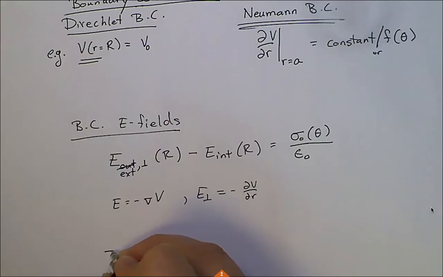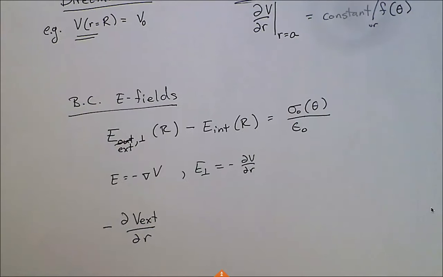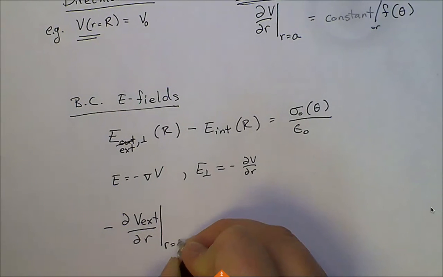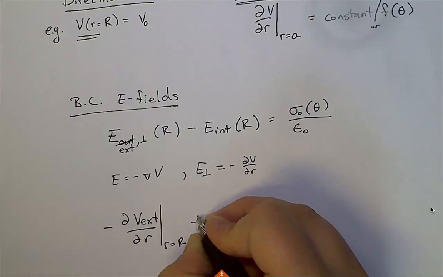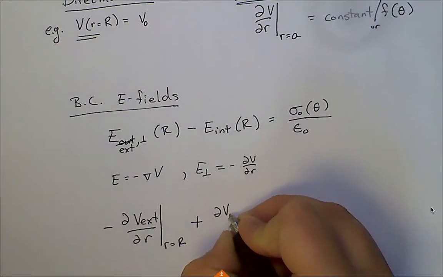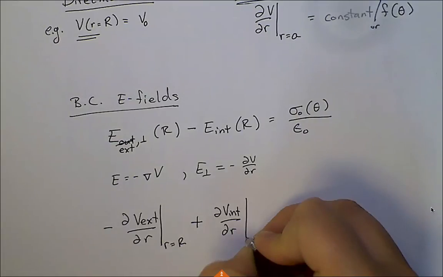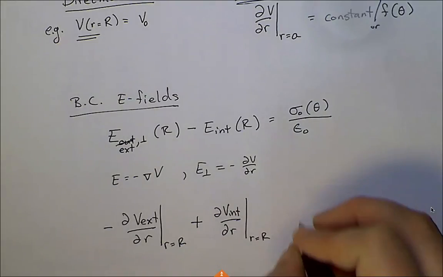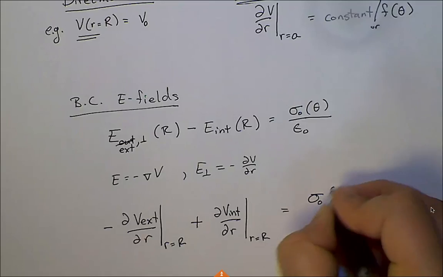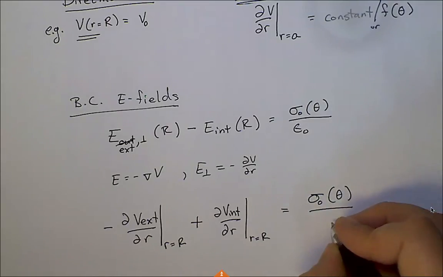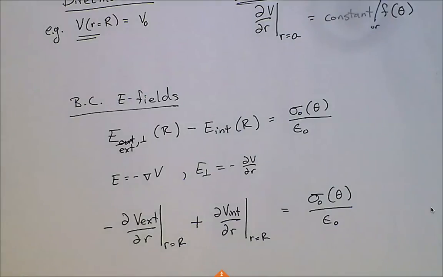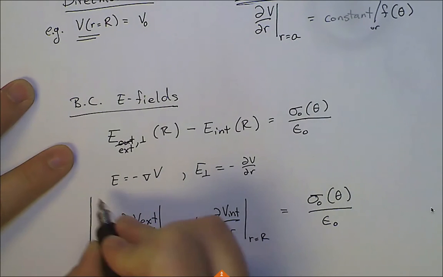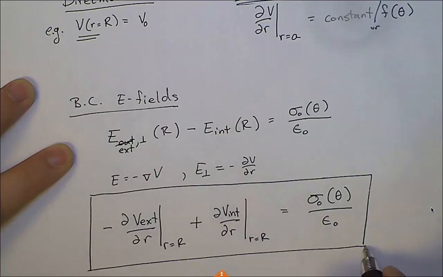So I can write this as minus the partial of V exterior with respect to r, evaluated at little r equals big R, minus a minus, so that's a plus sign, the partial of V interior with respect to r evaluated at little r equals big R. This is equal to sigma naught, which may or may not be a function of theta, we don't know, over epsilon naught. Of course, sigma is not a function of r because it is a surface charge, so it's at a specific r. And this is an example of a Neumann boundary condition.